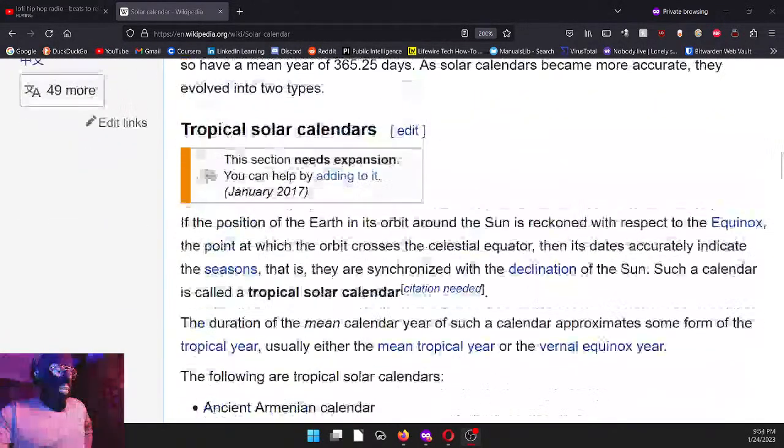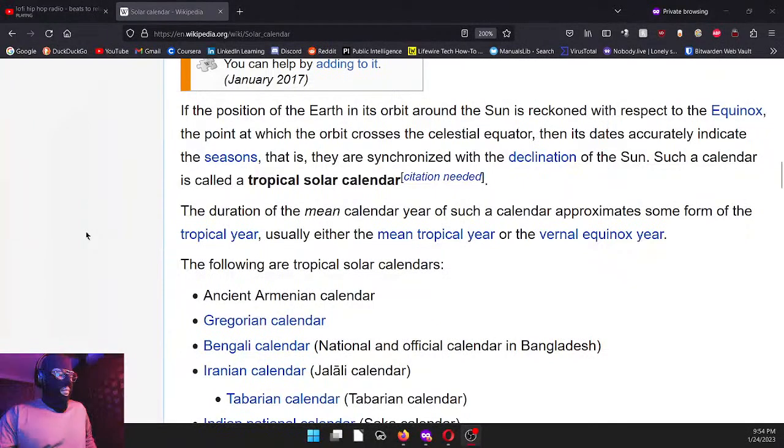Tropical solar calendars: if the position of the Earth in orbit around the Sun is reckoned with respect to the equinox, the point at which the orbit crosses the celestial equator, then the dates accurately indicate the seasons. That is, they are synchronized to the declination of the Sun. Such a calendar is called a tropical solar calendar.